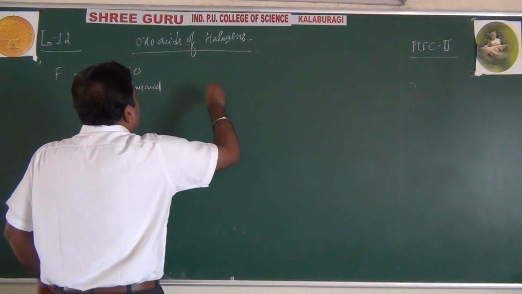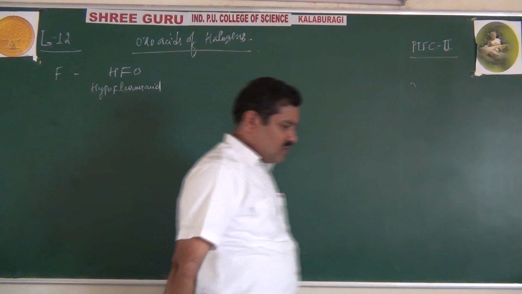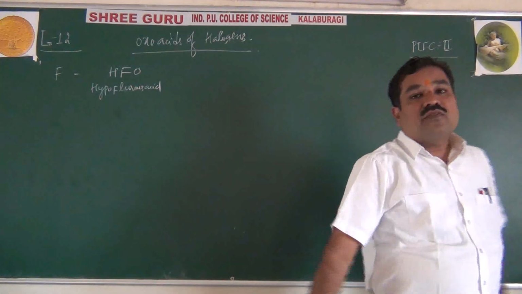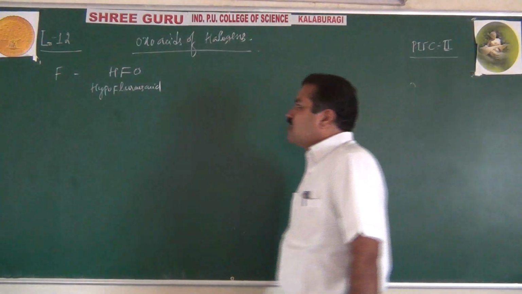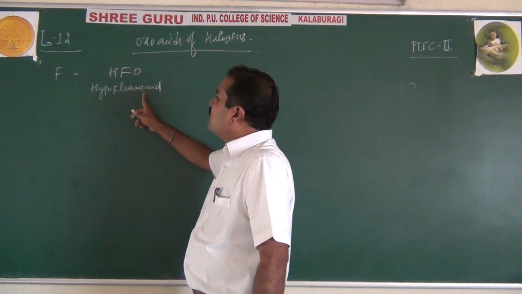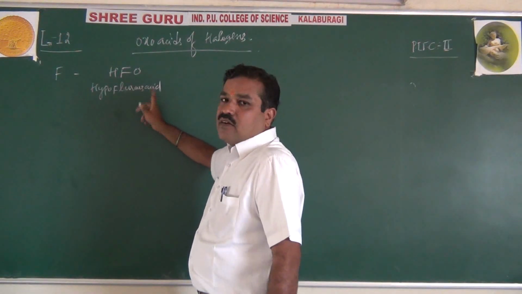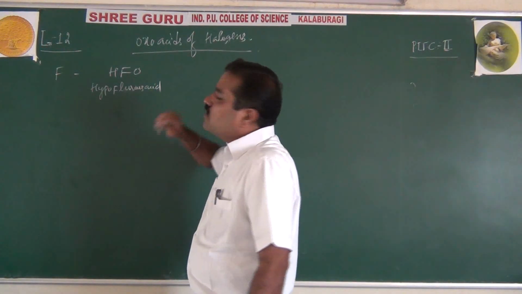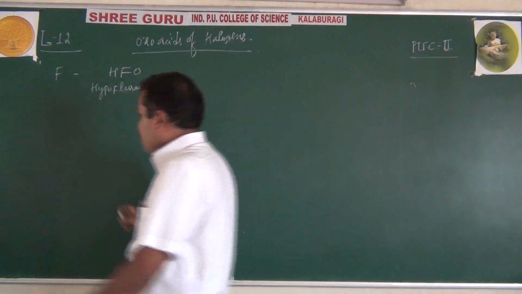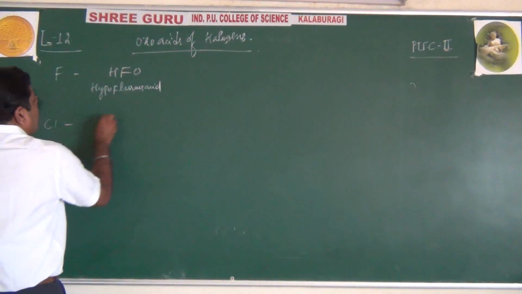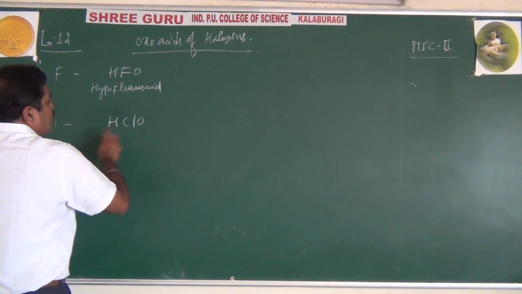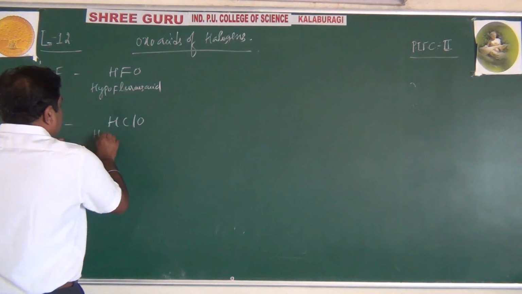Okay, but fluorine will never form other oxo acids like perchloric-type acids. Never. Why? Due to absence of d orbitals. Only one oxo acid will form, with +1 oxidation state. Whereas chlorine will form HClO, hypochlorous acid.